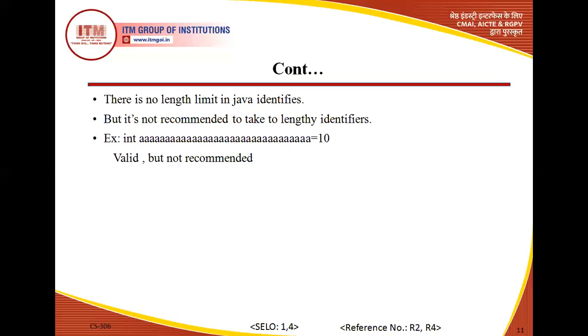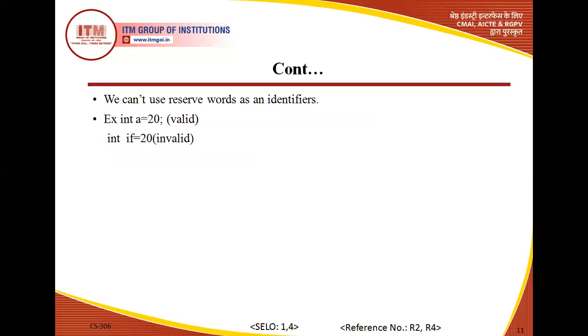Now, the next point: we can't use reserved words as an identifier. This is an important point. For example, int a = 20 is allowed, because a is a variable, not a reserved word, and doesn't have any specific meaning.